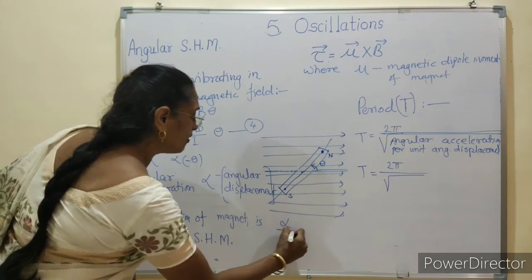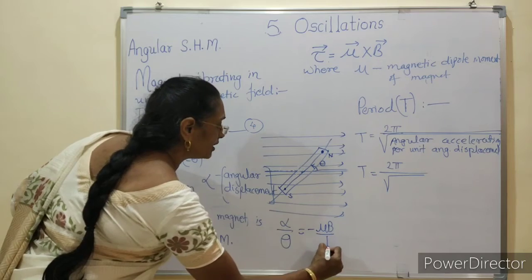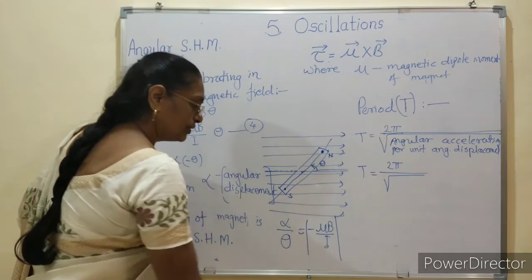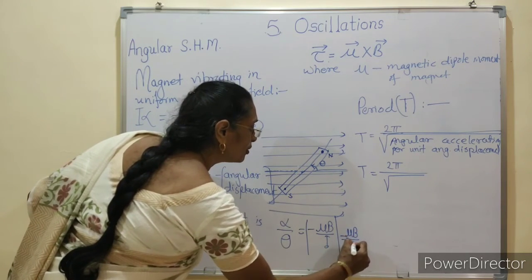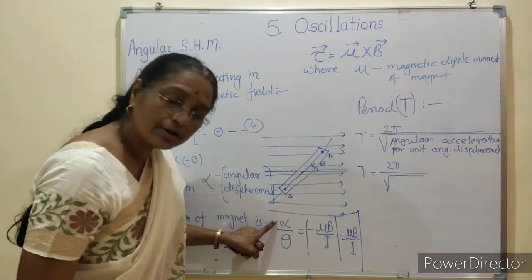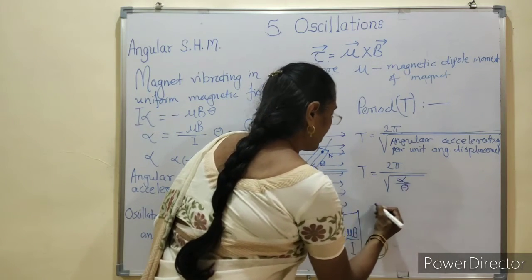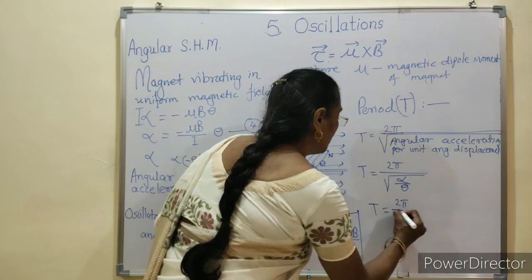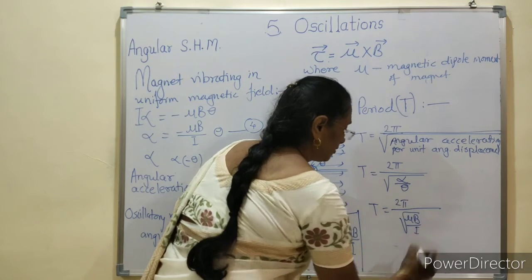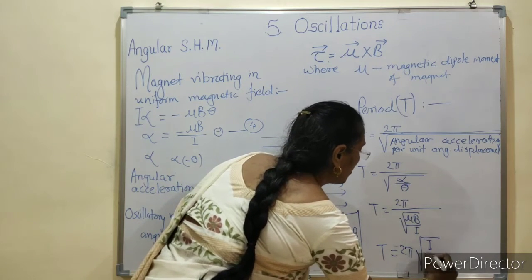From equation 4, alpha upon theta is equal to minus mu B upon I. If we consider the magnitude, we write it as mu B upon I. So alpha upon theta is the angular acceleration per unit angular displacement, and T is equal to twice pi under root mu B upon I. It can be T is equal to twice pi under root I upon mu B.